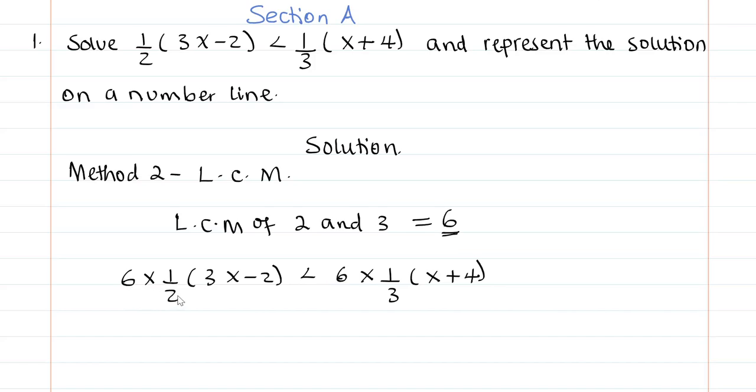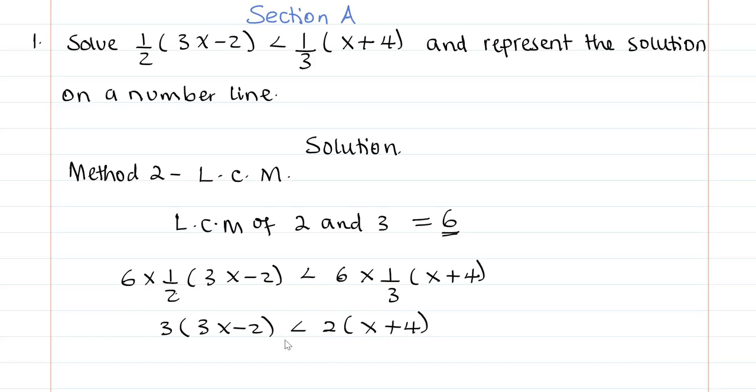If I divide 6 by 2, 2 into 6 is 3. So here I will have 3 into 3x minus 2 is less than, 6 divided by 3 is 2. So here we shall have 2 into x plus 4.